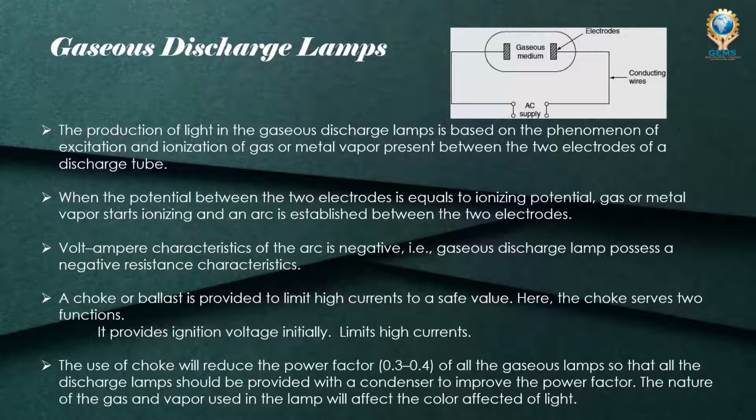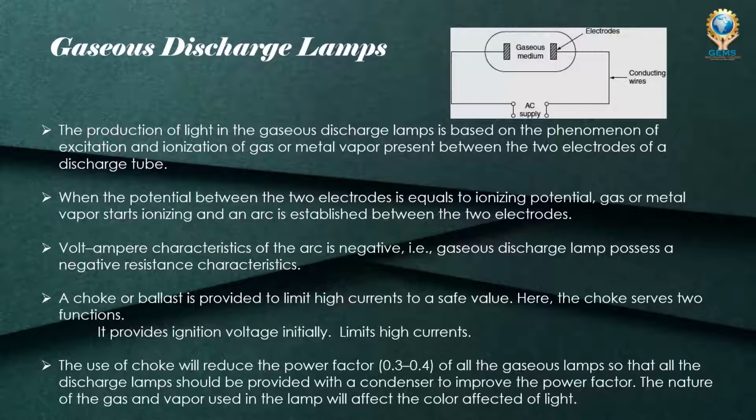The production of light in the gaseous discharge lamps is based on the phenomenon of excitation and ionization of gas or metal vapor present between the two electrodes of the discharge tube. So ionization is an important process.